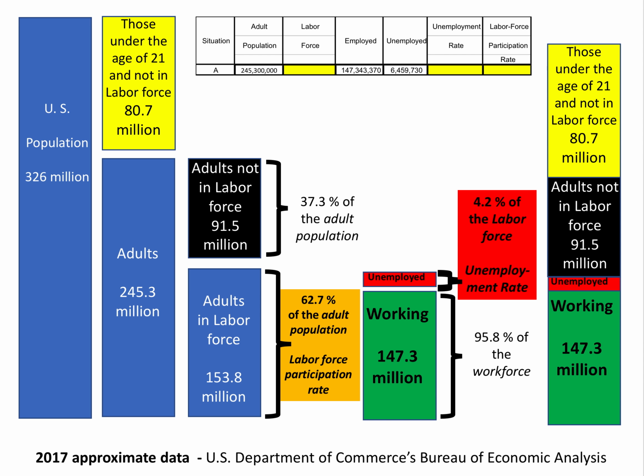Okay? So the question becomes, if you have a table with information, or you're given information in a problem similar to what you see above, in line A as in alpha, let's say you're given the adult population, you're given the number employed, and the number unemployed.